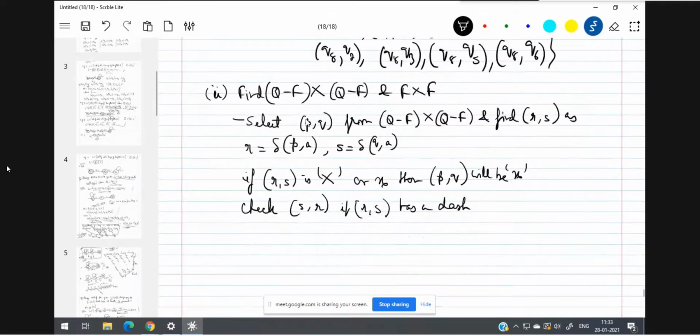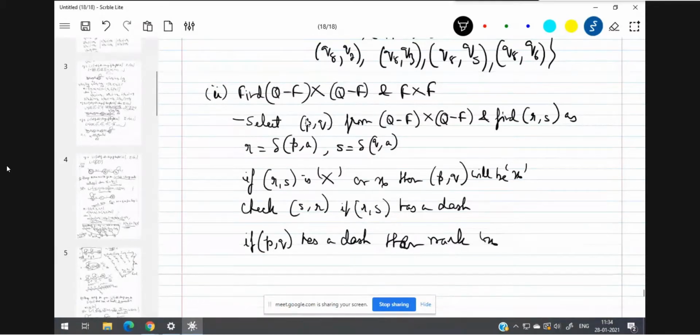If P comma Q has a dash, then mark at Q comma P.